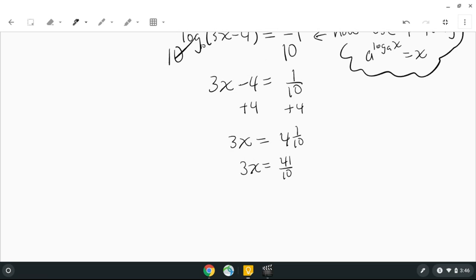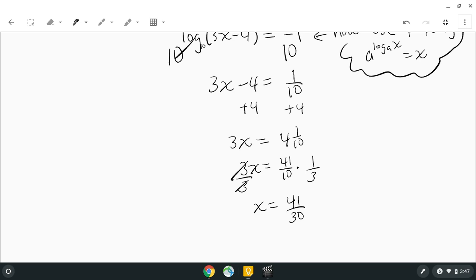Then I can divide both sides by 3, or multiply both sides by a third, which means the same thing. That gives me x equals 41 over 30.